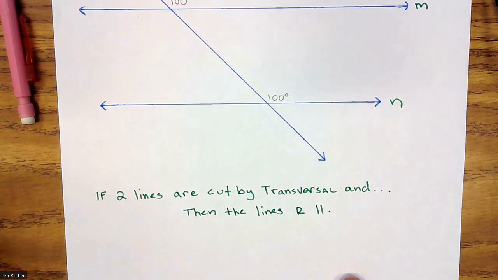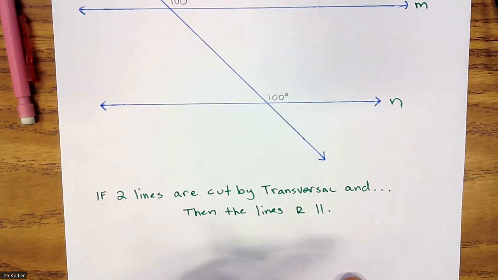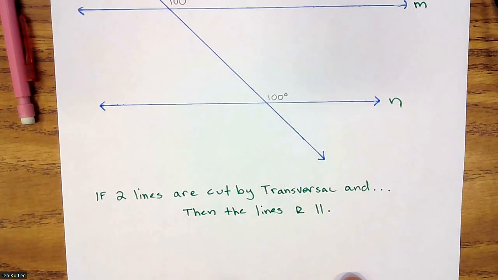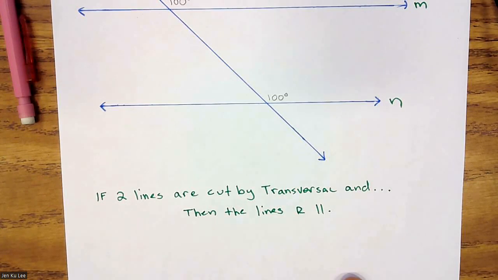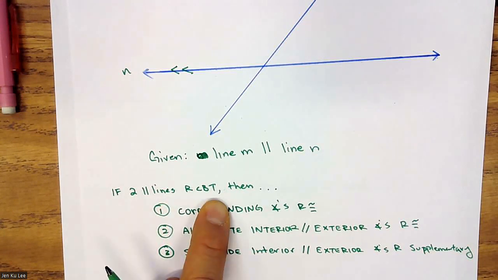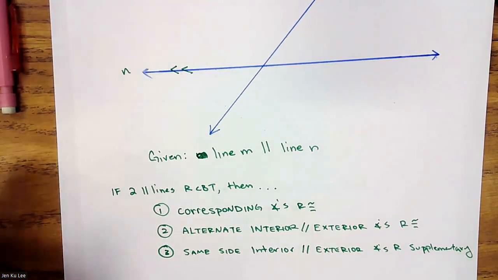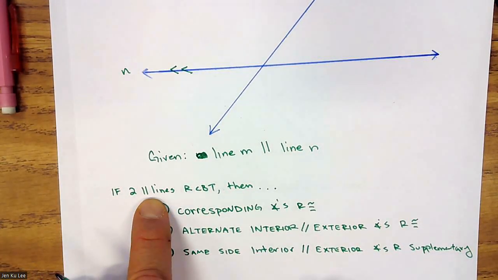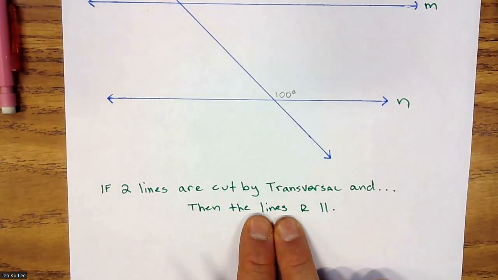Notice that the lines are parallel is my then statement. So I prove that the lines are parallel, as opposed to if the two parallel lines are cut by a transversal. In our first lesson, I gave you the fact that the lines are parallel. In this lesson, we are proving it because the lines are parallel is in my then statement.